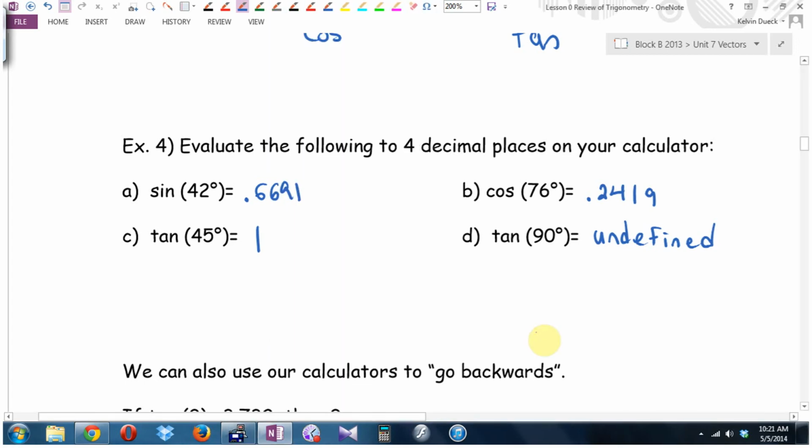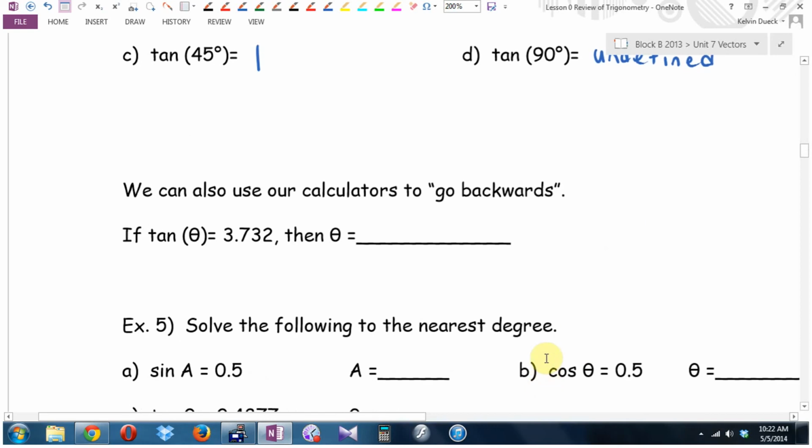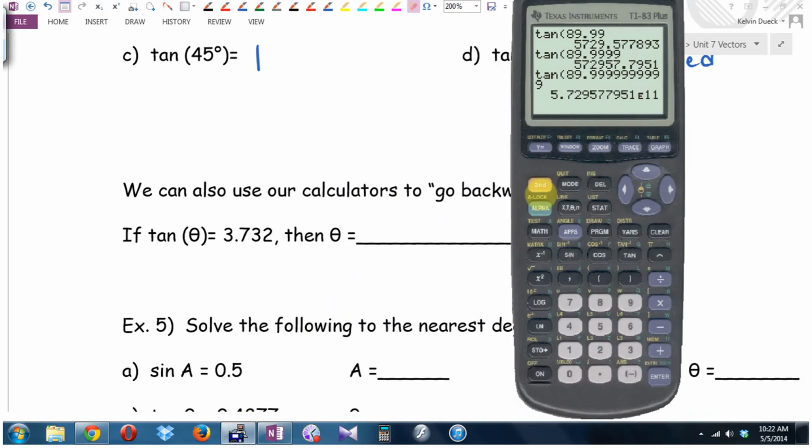So, as far as I'm concerned, I can give you an angle and say find the sine or the cosine or the tangent. I can also go backwards. Suppose I told you that the tangent of some mystery angle was 3.732. How can I find the mystery angle? Who remembers how to do that? Okay, this is where it's going to be shift or second function or inverse, or it's almost always the top left corner of your calculator.